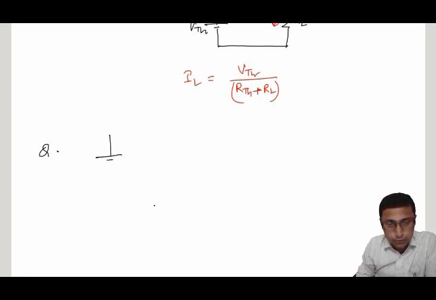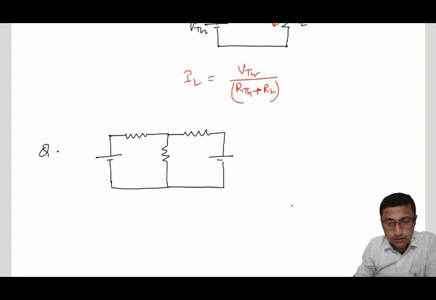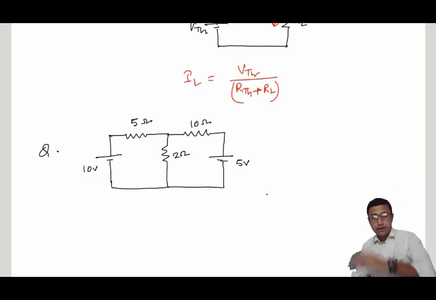There are two voltage sources present in this network. This is 10 volt, this is 5 volt, and the resistances are 5 ohm, 10 ohm and 2 ohm. So this was the network.